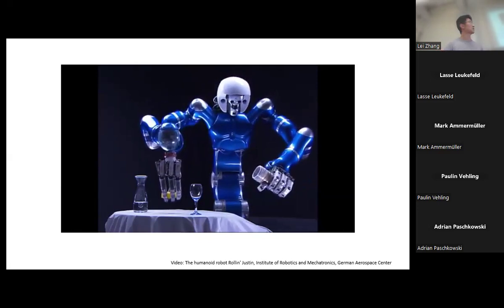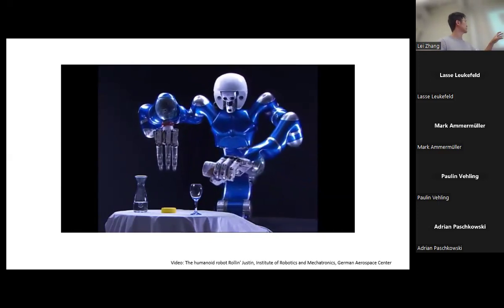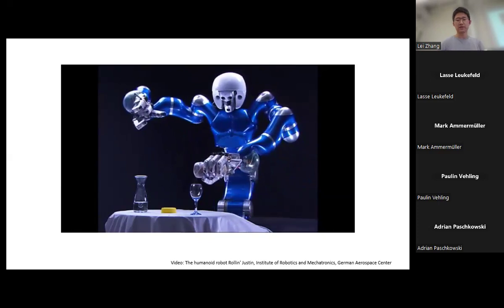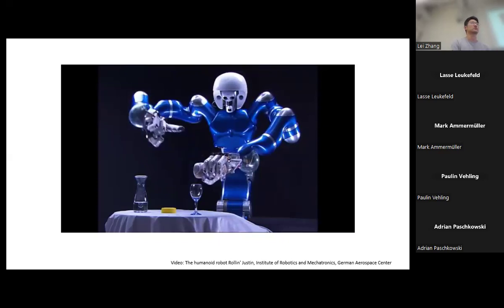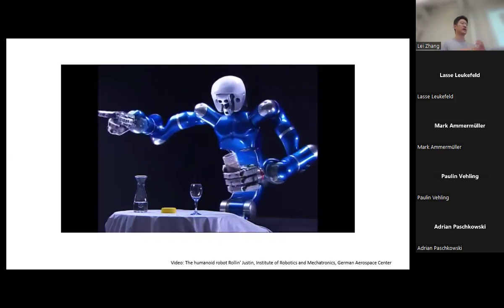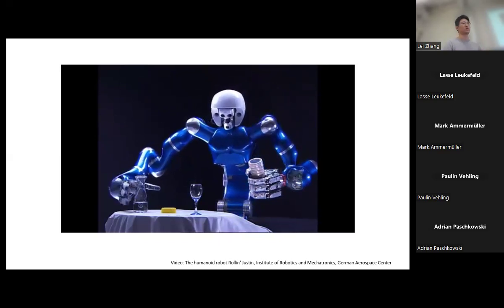The robot can open the cover of the bottle and later pour the water and do a lot of quite interesting tasks as we do in daily life. But in robotic control, there's a problem that such a task cannot be generalized. That means if you want a robot to do another manipulation task, this is another PhD project.